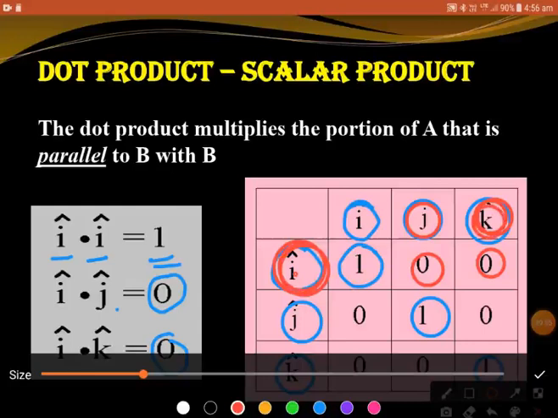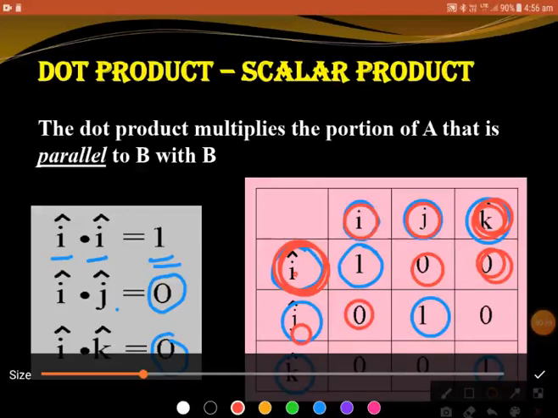So x and z are perpendicular to each other, cosine of 90 degrees will come, and it will give you zero. Similarly, J and I will also give you 0. So only the dot product with itself survives, that means it will give you 1.